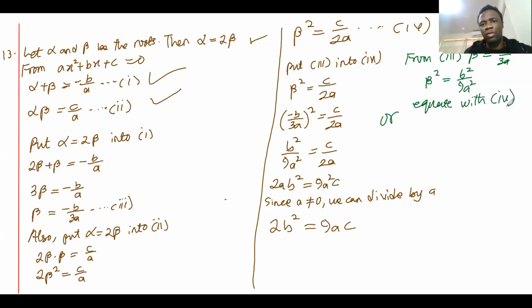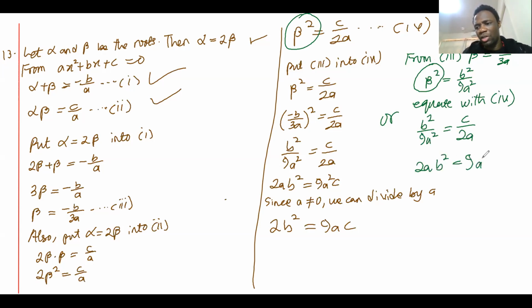Why am I equating with 4? Because 4 has beta squared. Now that I could manipulate 3 to also have beta squared, I can equate. If I equate with 4, then I could say b squared over 9a squared equals c over 2a. And that gives me 2ab squared equals 9a squared c, which I could continue this way. Does that make sense?